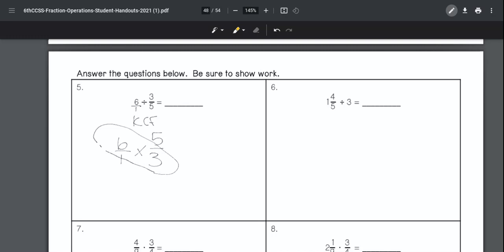Those two numbers both show up on my 3's, so 3 is my common number. How many 3's make a 3? 1. How many 3's make a 6? 2. So now we just multiply straight across. 2 times 5 equals 10. 1 times 1 equals 1. So our final answer is 10.